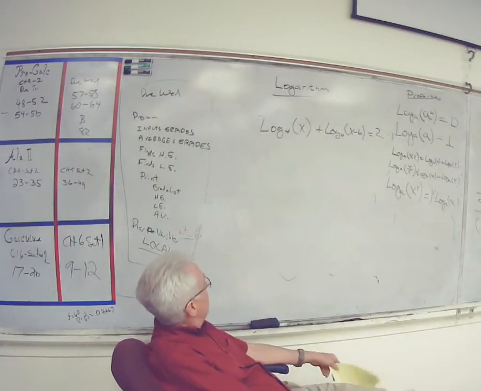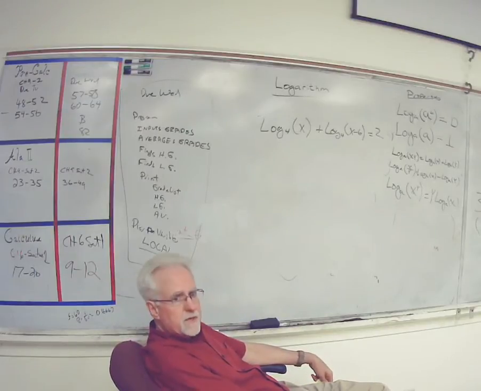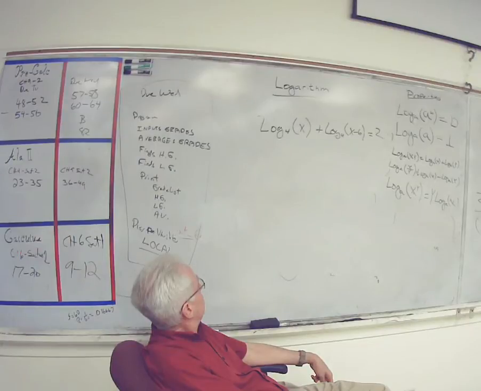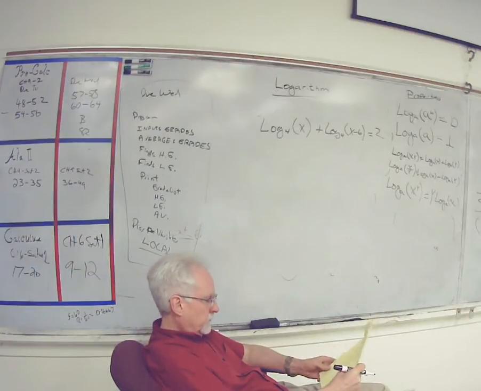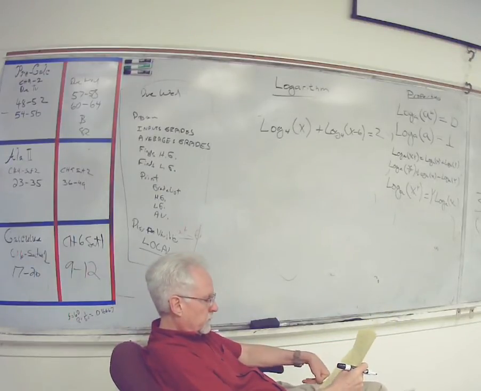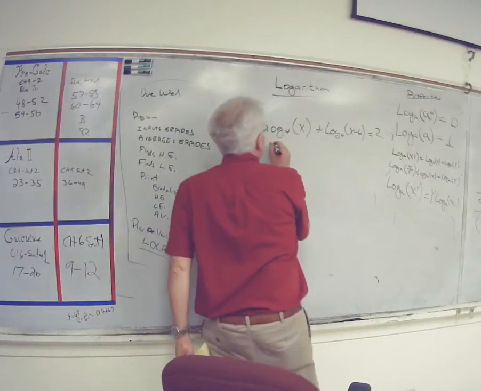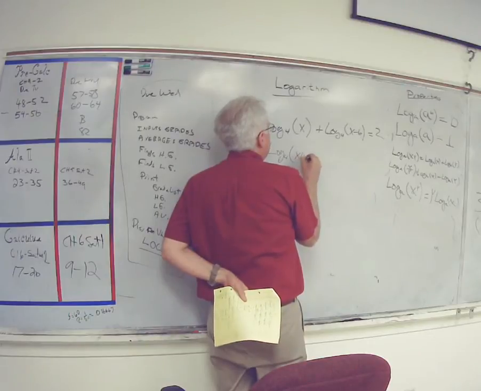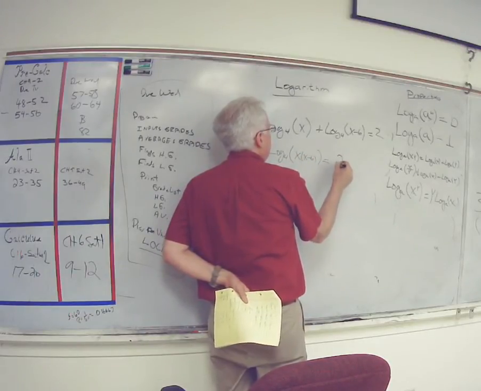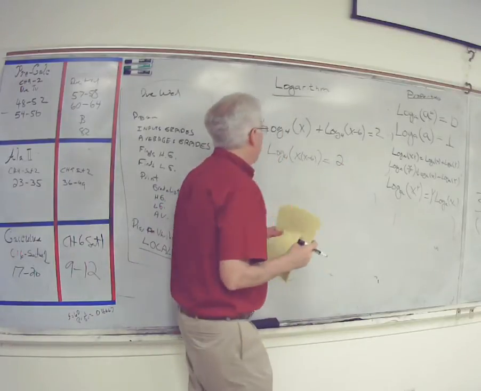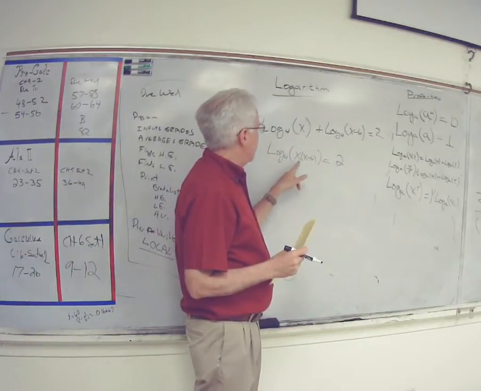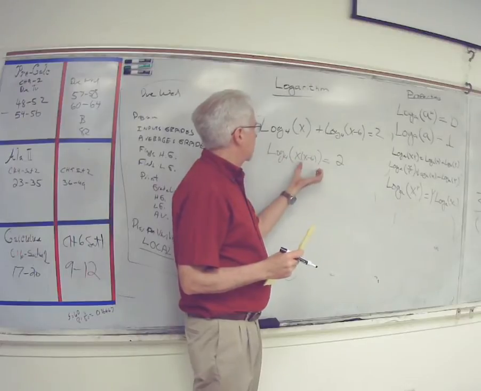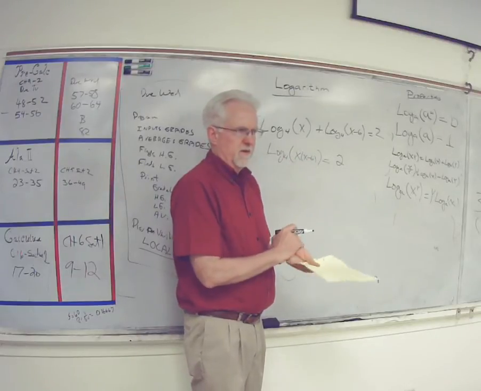So Josie, tell me what you would do here. Log 4 of x times x minus 6 is equal to 2. All right, well there's nothing that I can do with this change of base here, so to get rid of this log, I need to what?